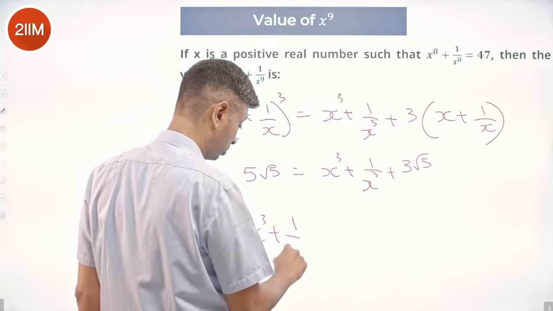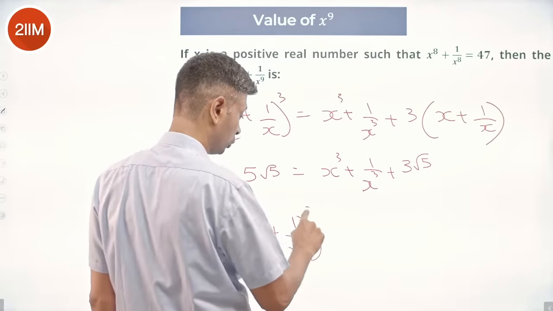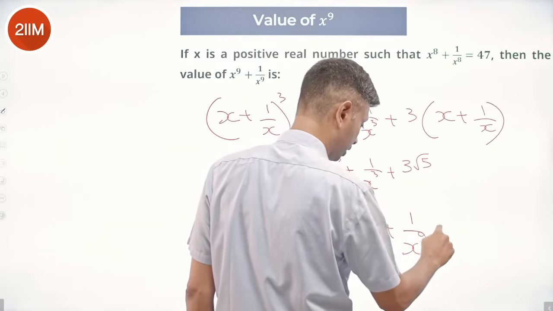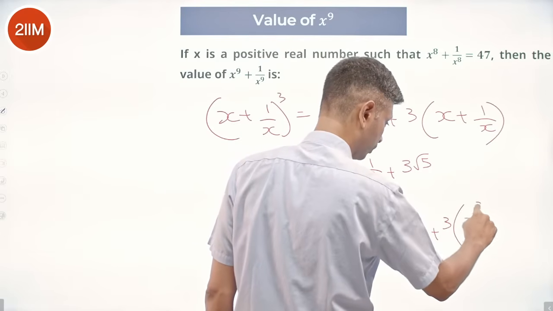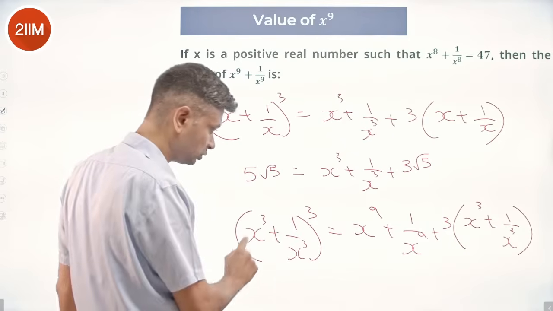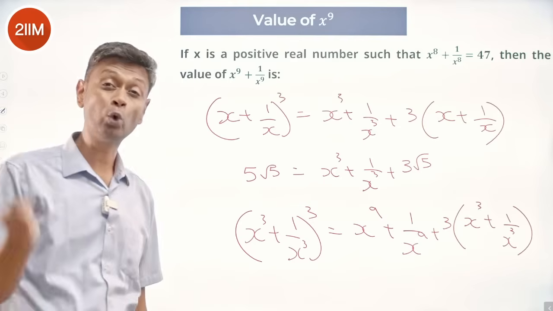(x^3 + 1/x^3) whole cube is x^9 + 1/x^9 + 3 times (x^3 + 1/x^3). This is 2 root 5, 2 root 5 the whole cube.